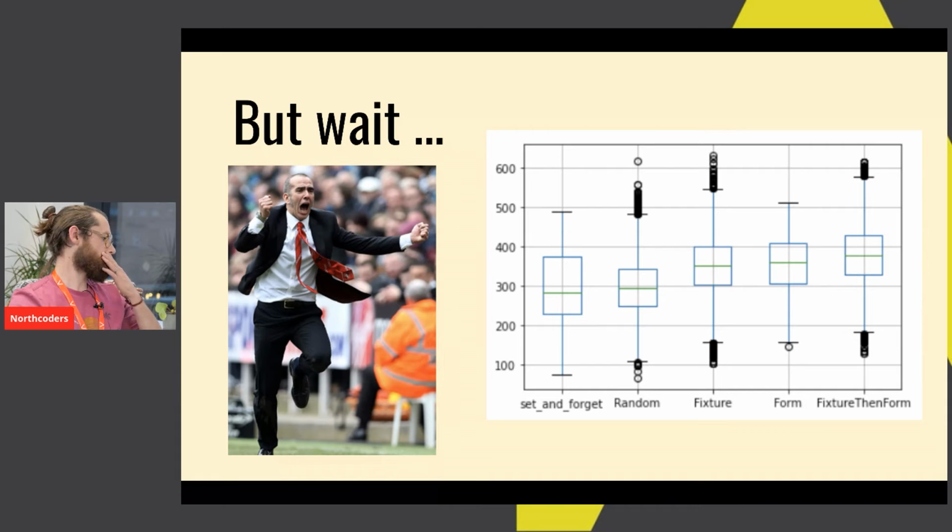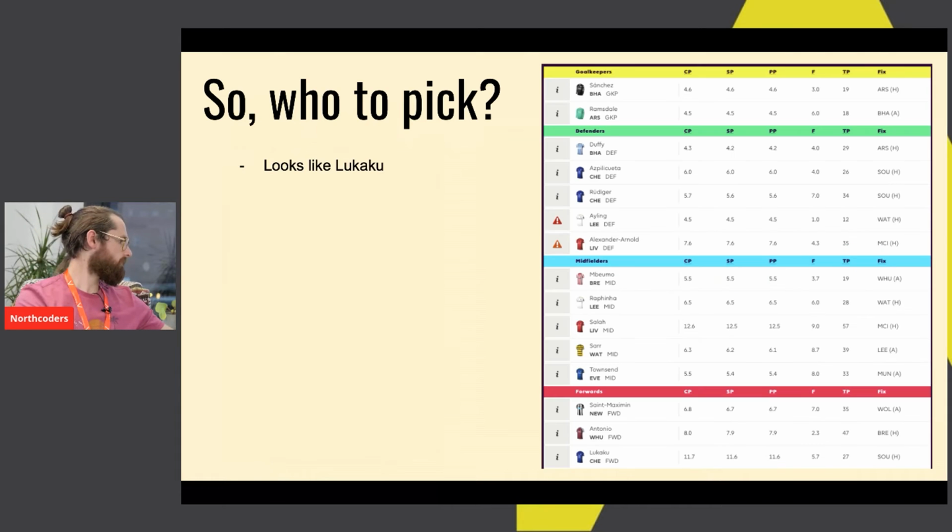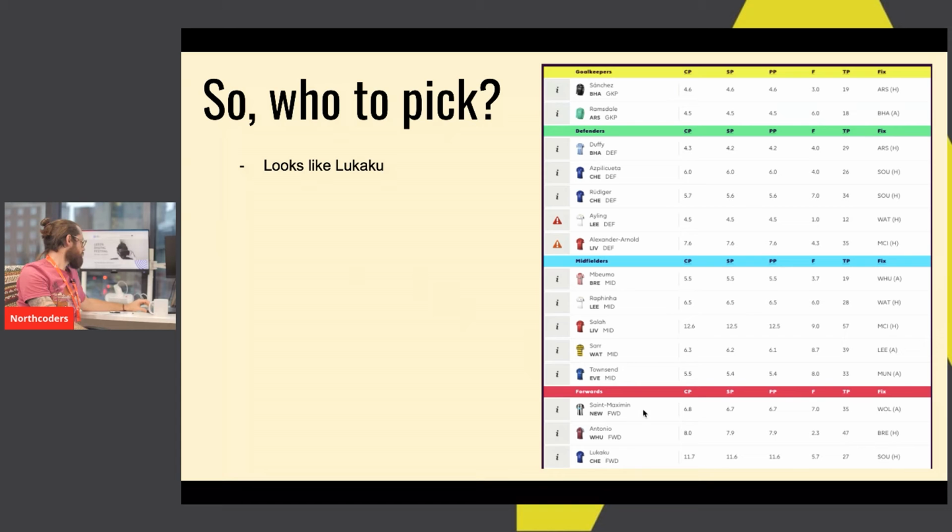So, who should I pick for the Bamford Cortinas this week? Now, the numbers are quite small, but my premium players are Lukaku, Salah, and Alexander-Arnold, but he's injured. Maybe Antonio.